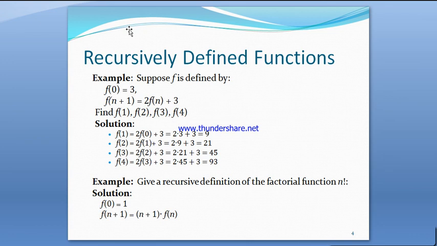Using this, we can have f of 1 equal to 1 factorial, f of 2 is equal to 2 factorial, f of n is equal to n factorial, f of n plus 1 is n plus 1 factorial, and so on. So the basis step of the recursively defined factorial function is f of 0 equal to 1 and its inductive rule f of n plus 1 equals n plus 1 into f of n. Hence, the required factorial function n factorial is defined recursively.